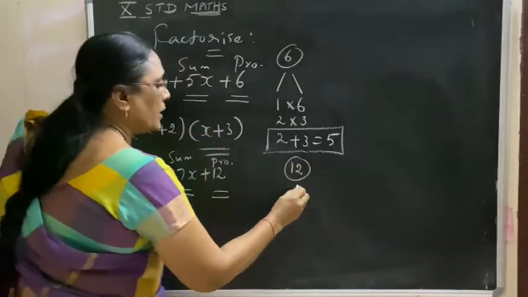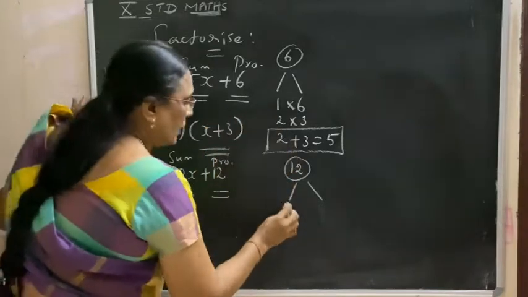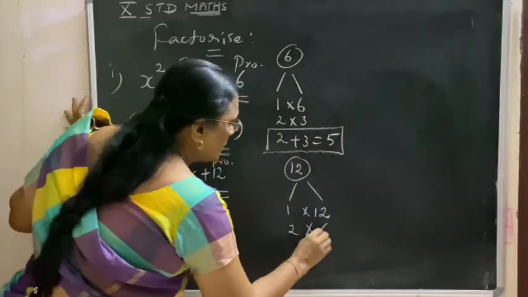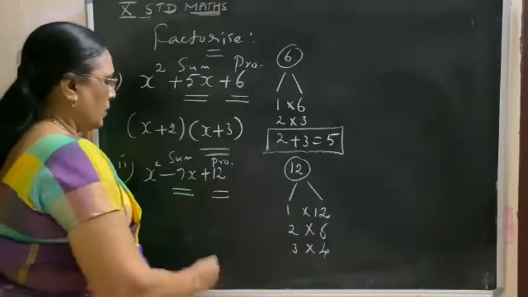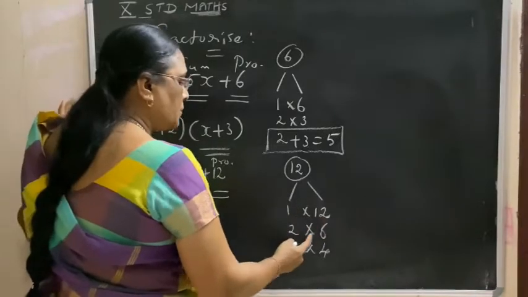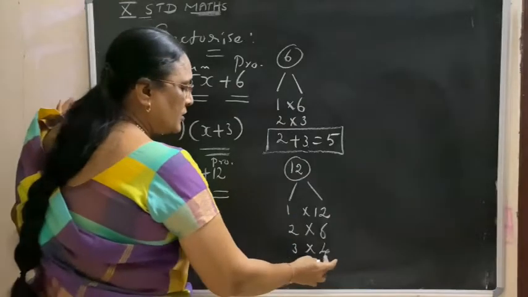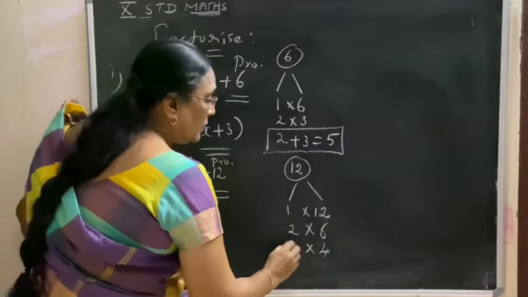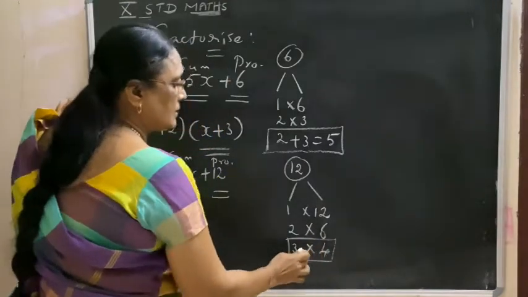I am taking the product 12 and I am going to write the multiples of 12. 1 12s are 12, 2 6s are 12, 3 4s are 12. Now, add them. 1 plus 12, 13. 2 plus 6, 8. 3 plus 4, 7. Where are we getting 7? Only for this pair we are getting 7. So I am choosing this.